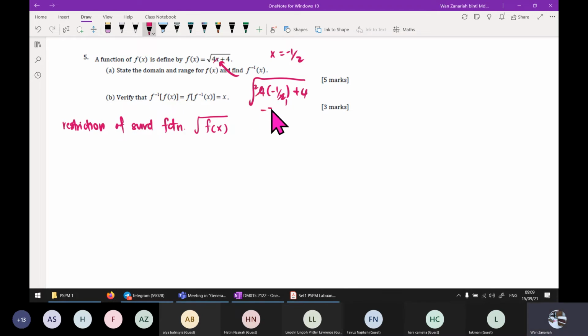Negative 2 plus 4. Boleh je? Square root 2 jawapan I? Siapa yang jawab tu? Siapa nama? Ilya. So yang tak boleh negatif adalah the whole function f(x) ini, bukan x-nya.